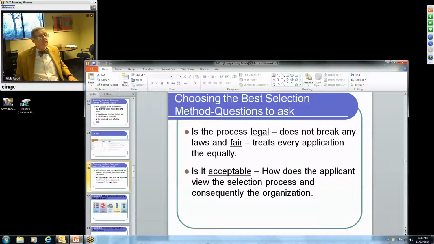In other words, we talked about the interview, what questions could be asked, what questions can't be asked. They can't be asked on the application blank, and they can't be asked in the interview. So we need to make sure we're following those procedures. Is it fair? Pardon me, does it treat everybody equally?